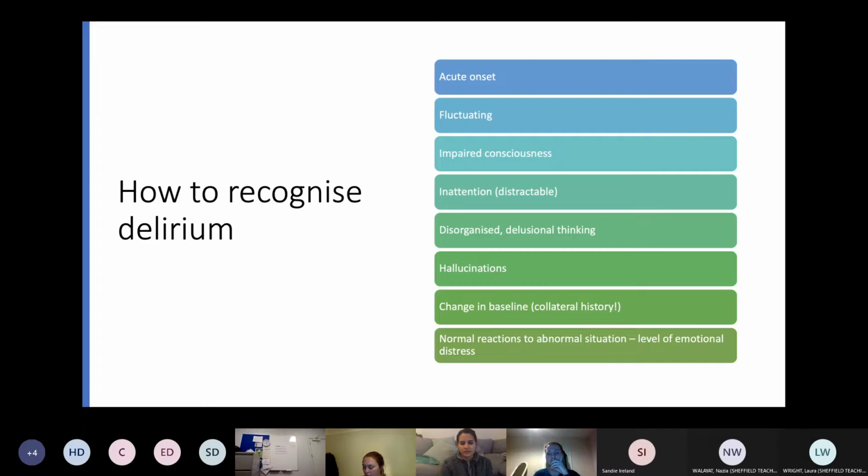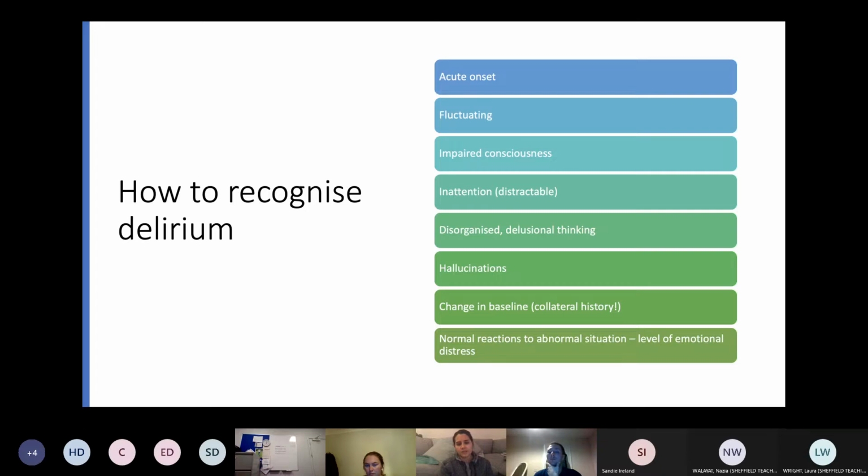Another thing to point out, which isn't particularly part of recognition of delirium, but I thought it was important to raise, is that sometimes people get really agitated and distressed with delirium. If they've already got an impaired consciousness, which means that they can't understand what's going on, sometimes these are just normal reactions to an abnormal situation.